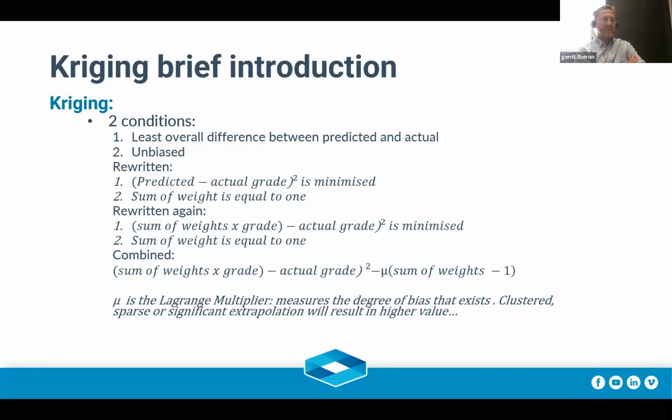What we notice is if we have clustered, sparse, or significantly extrapolated data, this will result in a higher Lagrange multiplier. Okay, so that's basically the kriging equation, and we're going to look at an example now of how it's applied.